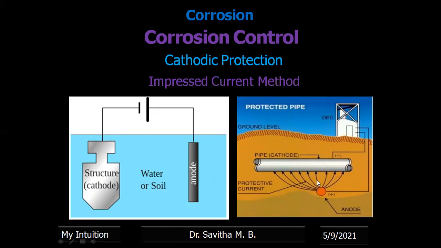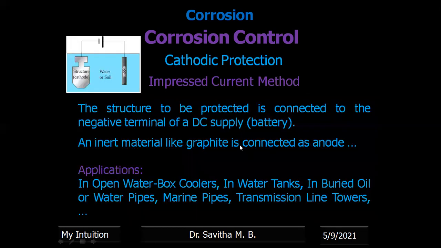In some areas, all these articles made of steel or iron are connected to the cathode terminal, and one dummy anode is kept. This is an effective method as long as the connections are there. Okay, see, it is connected to the DC terminal.